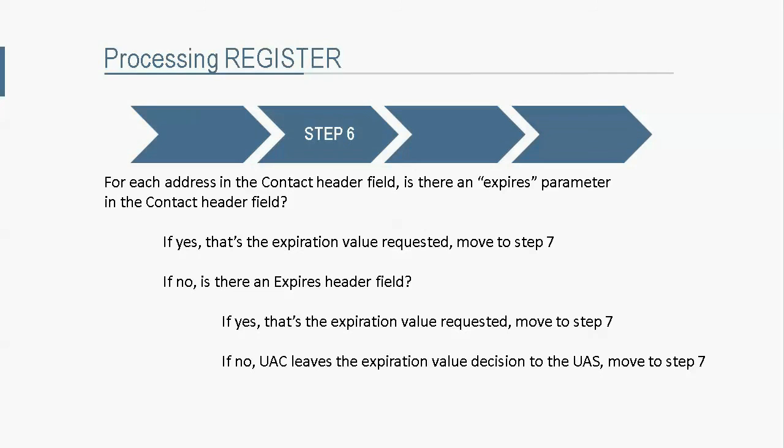If no, user agent client leaves the expiration value decision to user agent server. Move on to step 7. Please note that the user agent server may or may not use these expiration values. Just because we request a certain expiration value doesn't mean user agent server will agree to it.